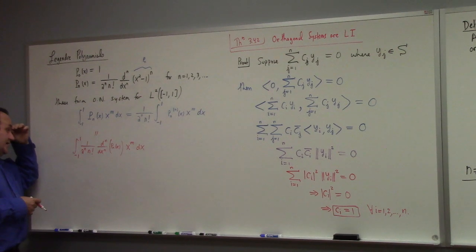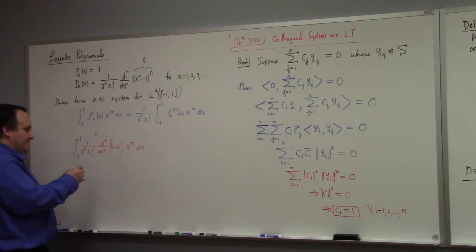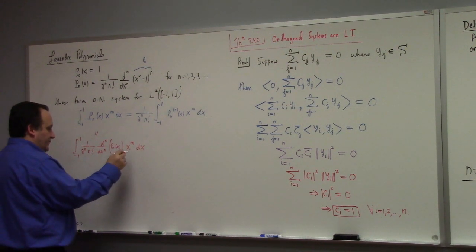And to calculate this, he says you can integrate this by parts. Yeah, I think that's true. So he's integrating the n-th derivative term through to P sub n of x, and then differentiating the x to the m.